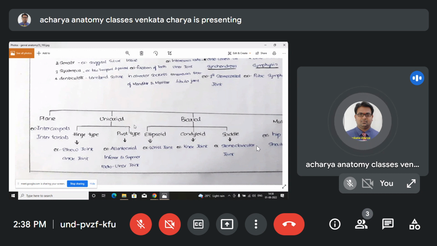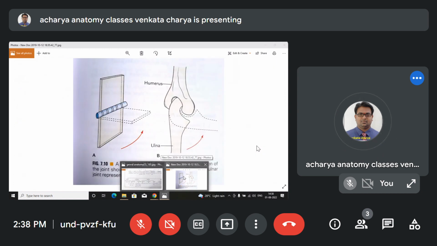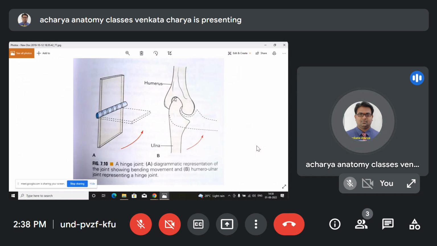First, the hinge type. See here is a hinge, present in between the humerus and ulna. Humero-ulnar joint. Humero-ulnar joint is a hinge type.